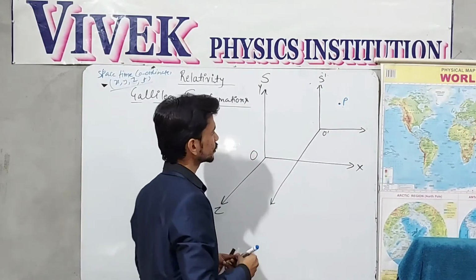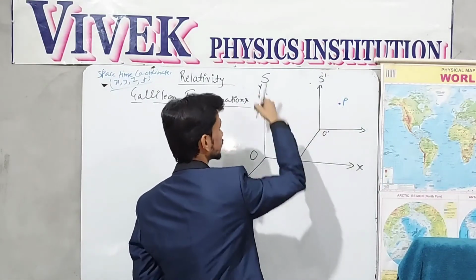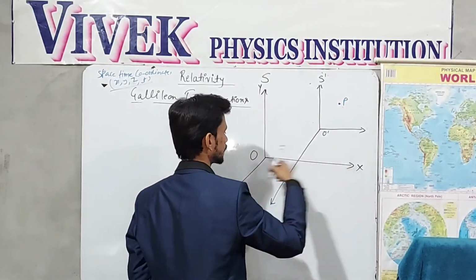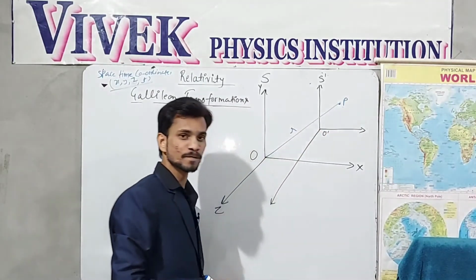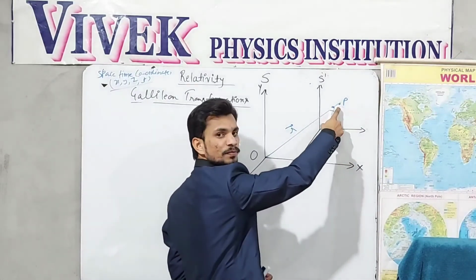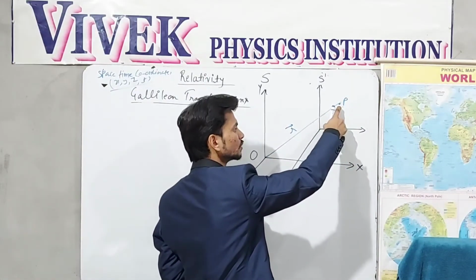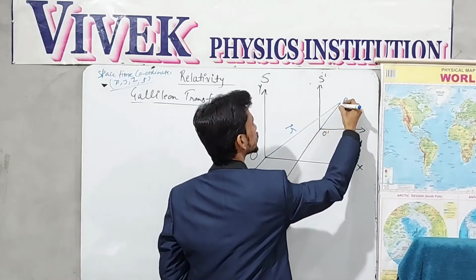So the position vector of particle P with respect to this frame of reference S will be like this. Let's say this is R. Okay, and the position vector of particle P from O dash will be like this. This is nothing but R dash.